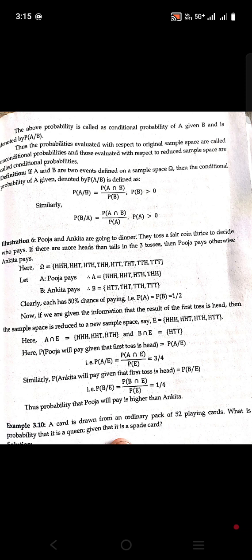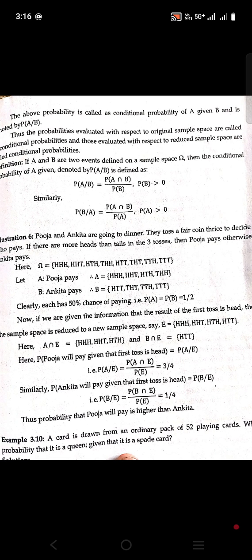If there are more heads than tails in the three tosses, that is, we toss the coin three times, and we find the sample space: HHH, HHT, HTH, THH, HTT, THT, TTH, TTT.